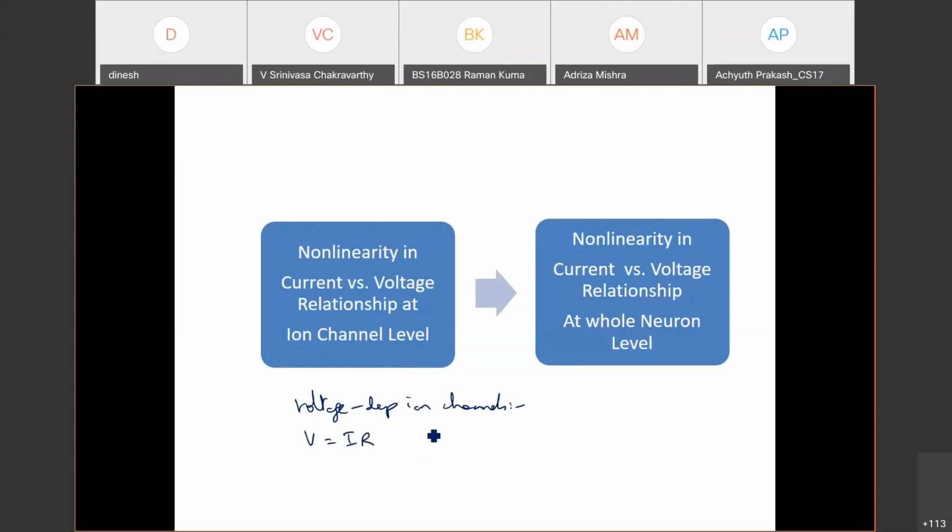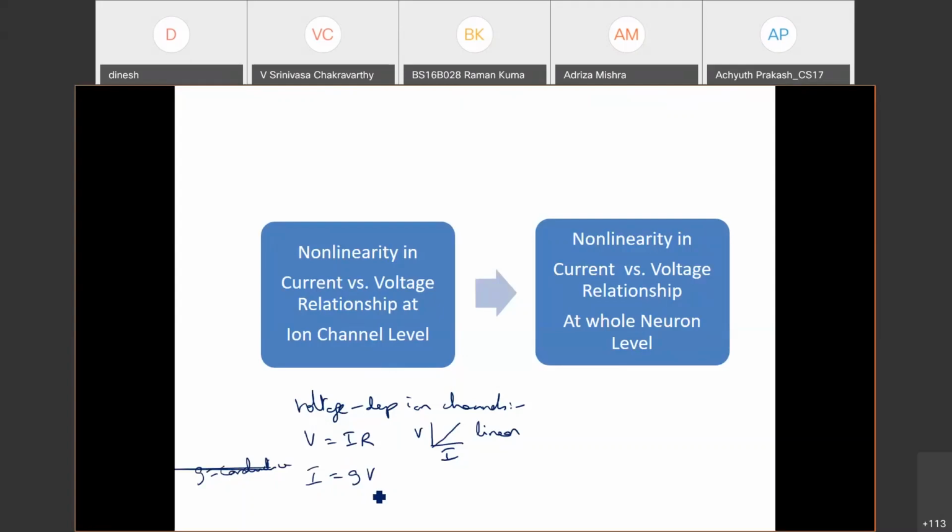So that means if you plot V against I, it's a straight line. So this is a linear relationship. This is a linear resistor, linear conductance. But if the conductance is itself dependent on voltage, I'll write this as I equals G times V, where G is the conductance.